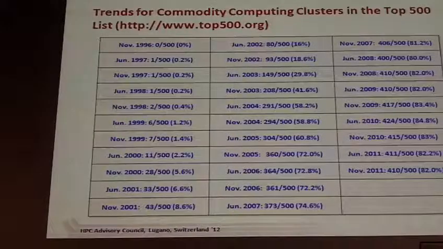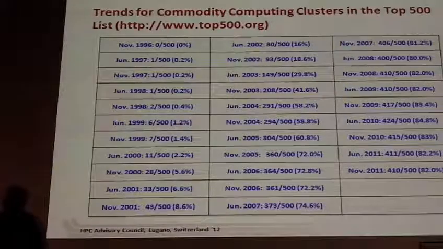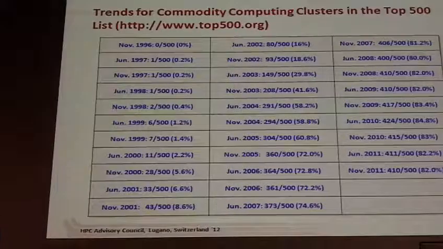Gradually clusters started coming in, and in June 1997 only 1 out of 500. Then over the last several years, we are hovering at 80 to 84%. So commodity clusters with commodity interconnects are delivering great performance for all these applications and taking a lot of higher positions in the Top500 list.